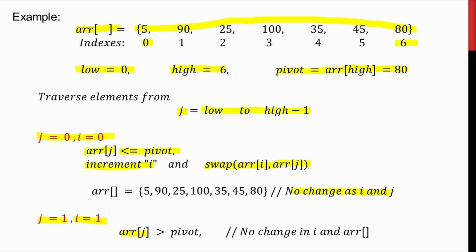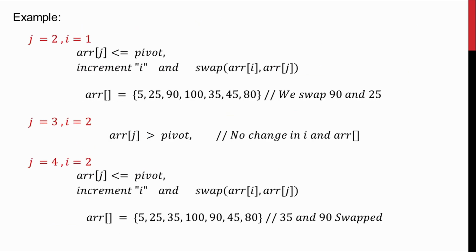Now the jth element is greater than the pivot, no change in i and no exchange. So again j is equal to 2, i is equal to 1. Now the jth element is less than the pivot, so again increment i and swap the ith element with the jth element. That means 9 and 25 are swapped with each other.